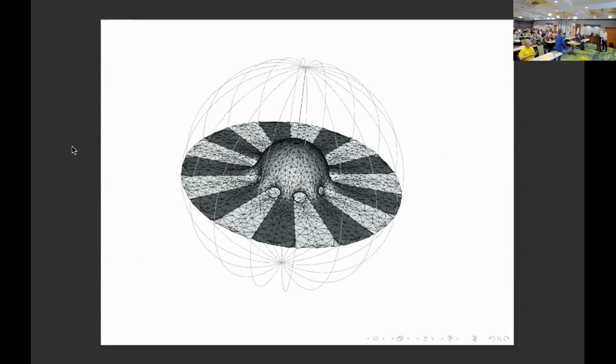The analogous statement for Ricci flow is known as of a few years ago. Certainly one would expect that, but I don't think it's in the literature for mean curvature flow.